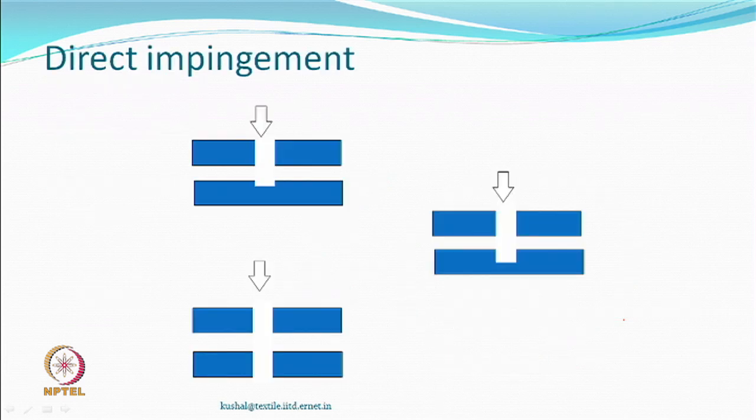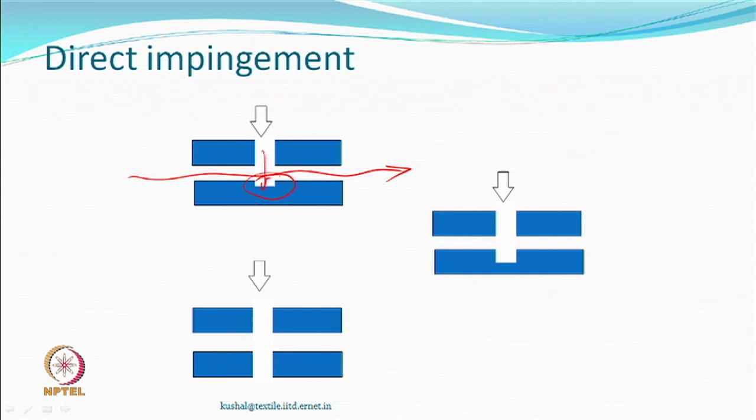So, actually people tried many types of designs, and one wonders as to something which you wanted to be very simple, also people wanted to have more design. So, one is a design where there is a little notch out there. So, if the yarn comes like this, it is going to be pushed in.